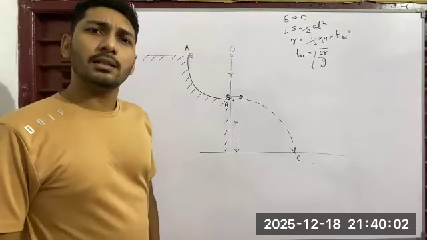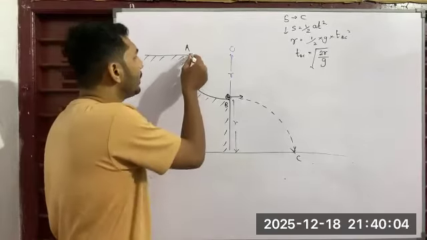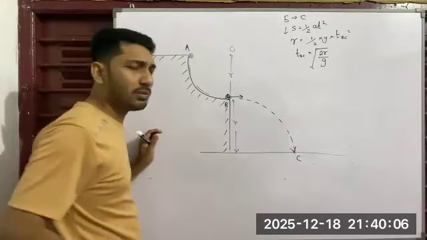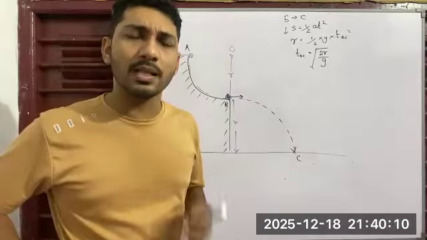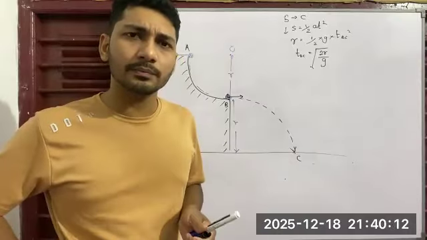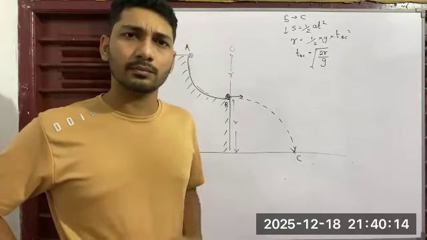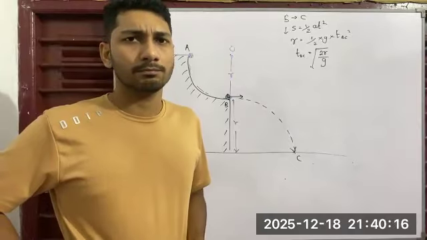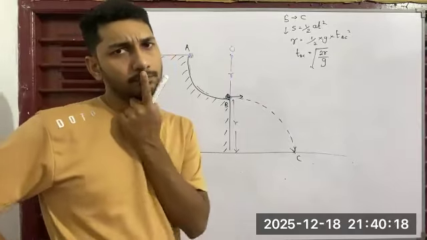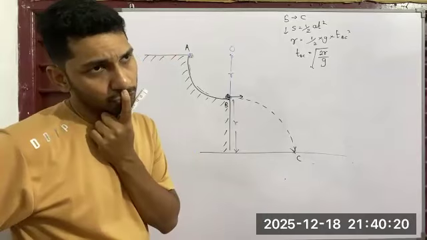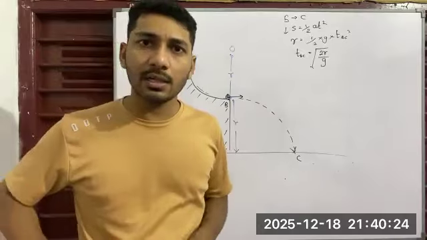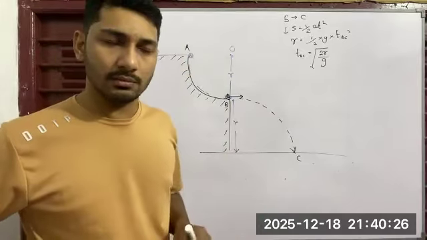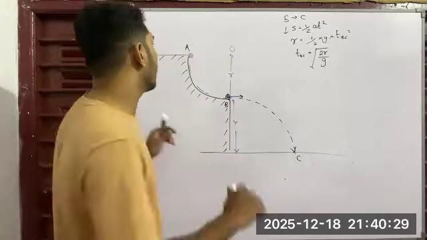So it's a free fall through a height R. Now, what do you think is happening during this motion? Is there any way to find the time taken for the motion? Is there any equation you can use? This motion doesn't have constant acceleration.